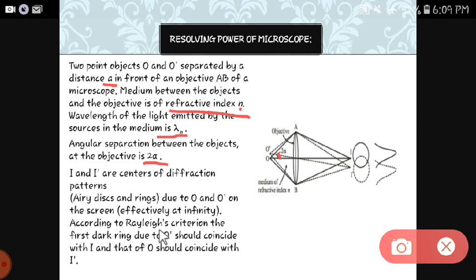According to Rayleigh's criterion, the first dark ring due to O dash should coincide with I, and that of O should coincide with I dash. So O dash will coincide with I and O will coincide with I dash.